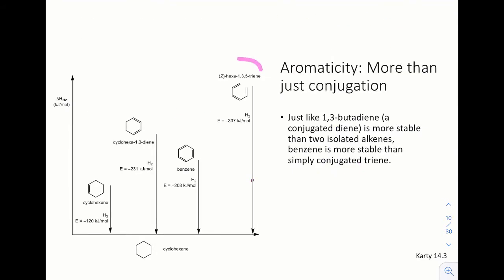Let's start with the 1,3,5-hexatriene. So the heat of hydrogenation for that molecule is negative 337 kilojoules per mole. And we want to compare this to 3 times the heat of hydrogenation of cyclohexene, which was negative 120 kilojoules per mole.